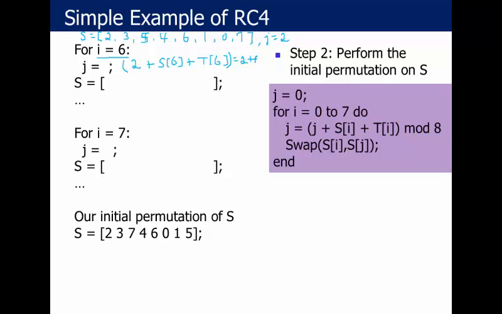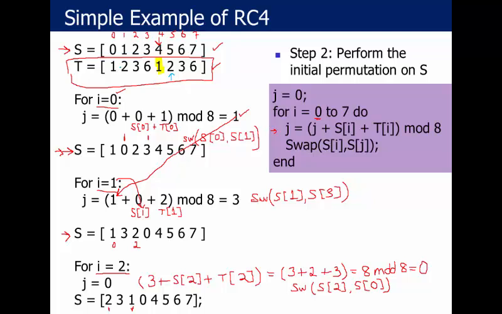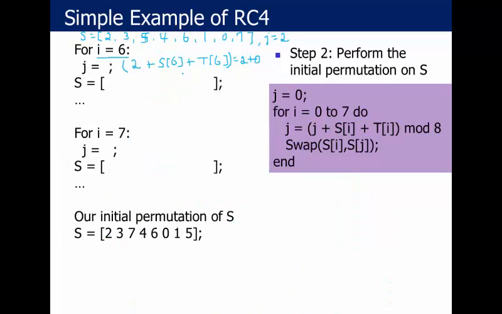Yes, it is a 0. And T of 6 is 0, 1, 2, 3, 4, 5, 6. That is 3. Mod J equals 5. If we do mod, then this number only, which is 5. So mod 8 equals 5. Now we need to swap.